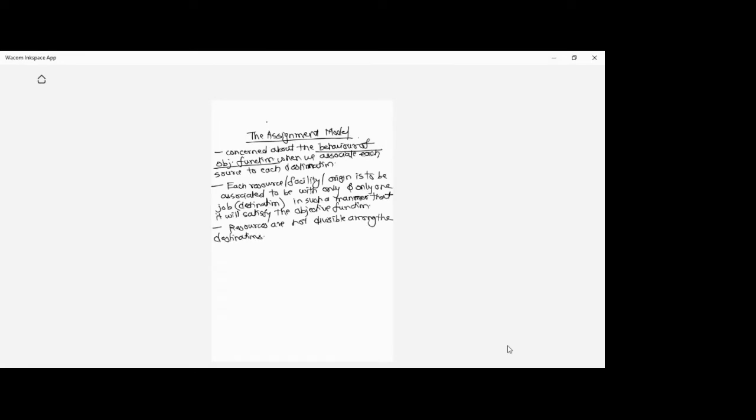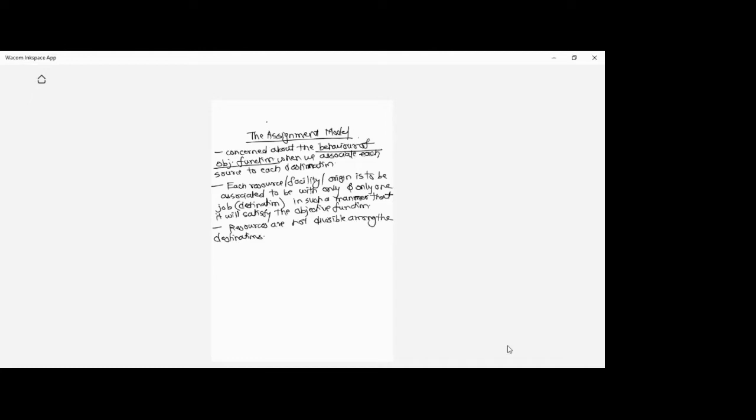So the resources are not divisible among the destinations. So you can't say that the faculty will get only one single task, and he is not going to get two tasks because he is very efficient, right? So every faculty, depending upon the capability, is going to get only one task. If the faculty has more capability, there are no chances that he will be given two tasks, right?